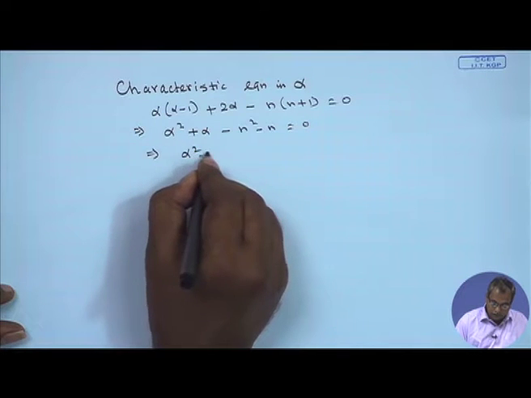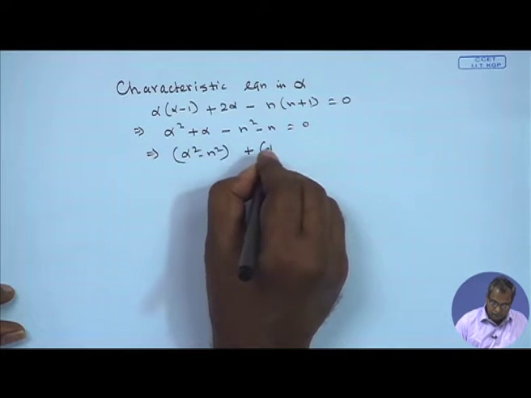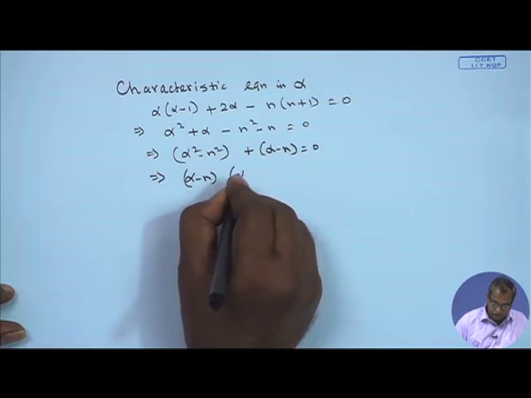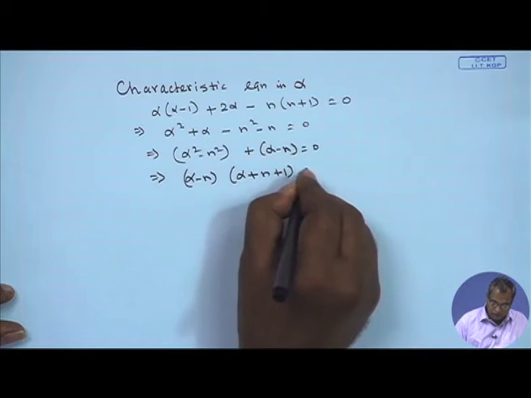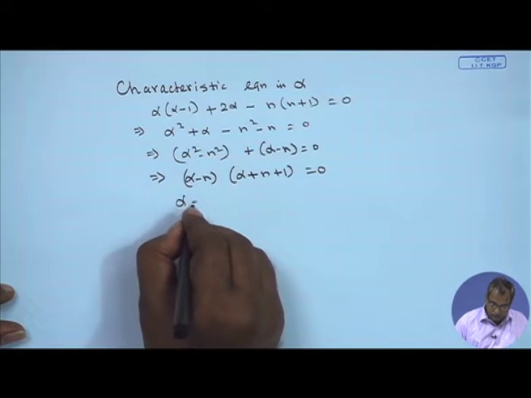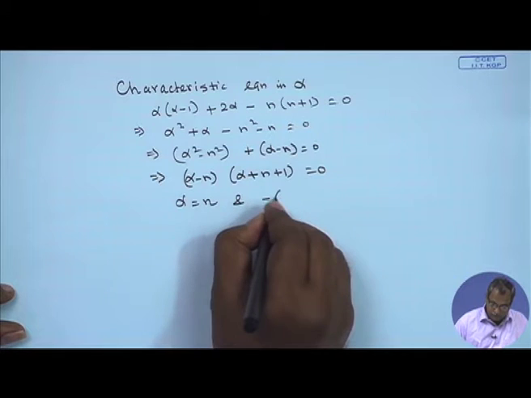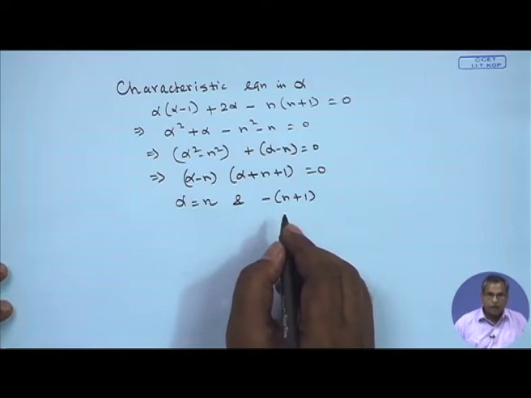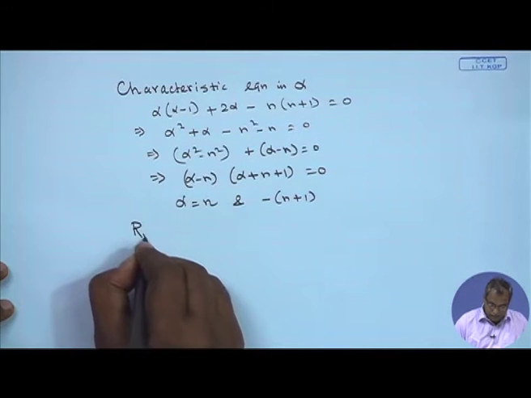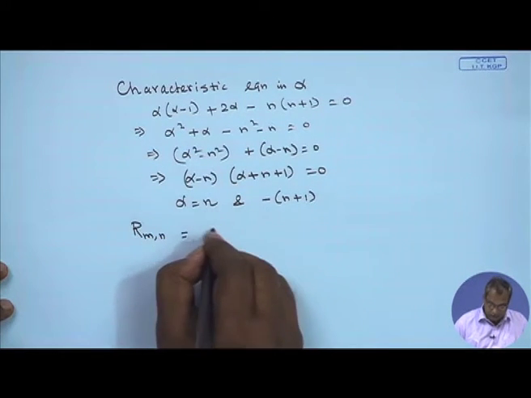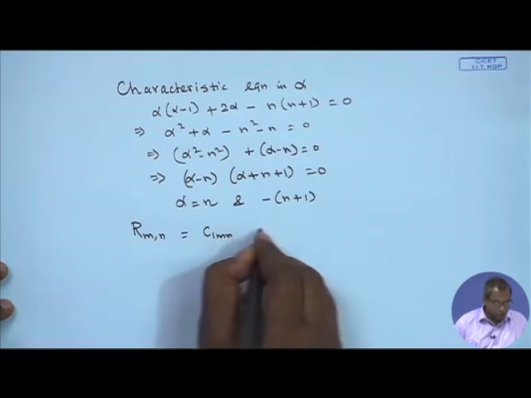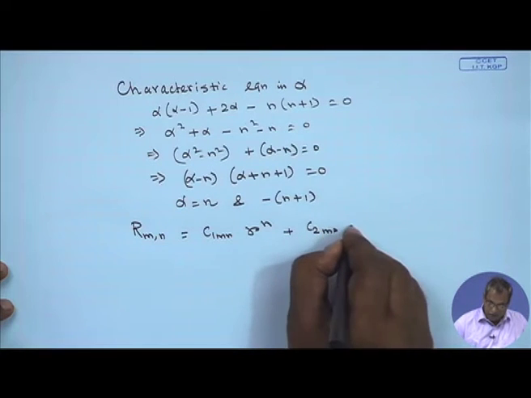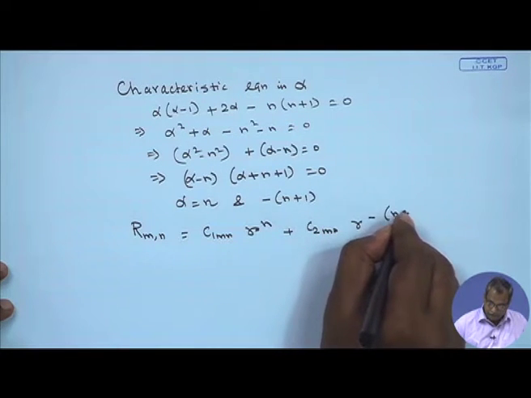So, alpha square minus n square plus alpha minus n is equal to 0. So, alpha minus n into alpha plus n plus 1 is equal to 0. So, we have two roots of alpha: alpha is equal to n and alpha is equal to minus n plus 1. So, I can get the solution of this Euler's equation, and R m n will be nothing but C1 m n r to the power n plus C2 m n r to the power minus n plus 1.